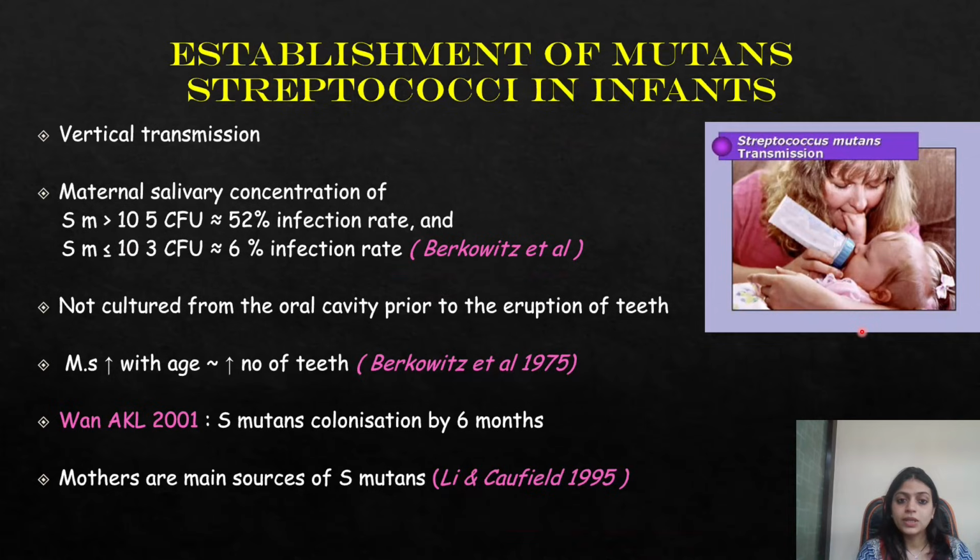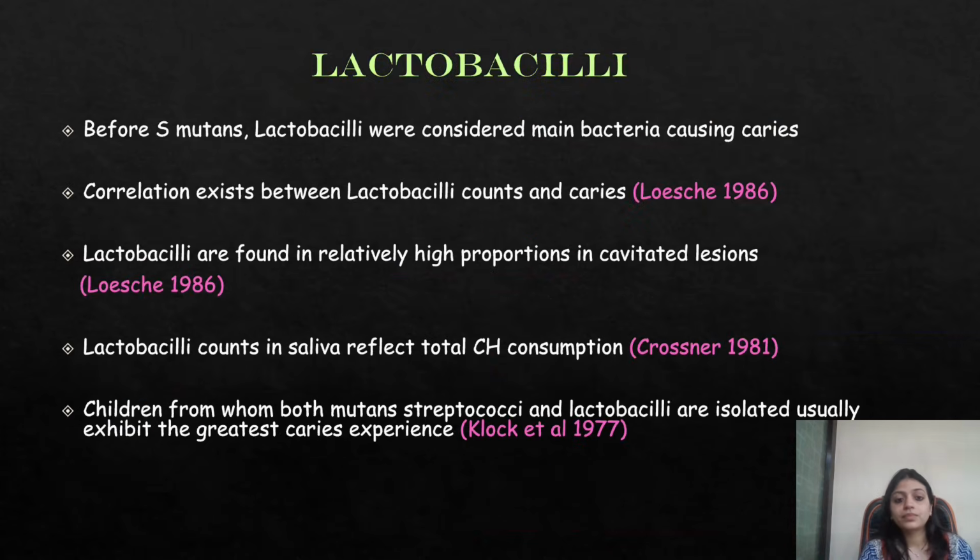Once the child is born, the oral cavity is sterile, but mutans streptococci increase with age or as the number of teeth increase. Okay, so Streptococcus mutans usually colonizes by 6 months of age, and mothers or the primary caregivers are considered the main source of Streptococcus mutans.